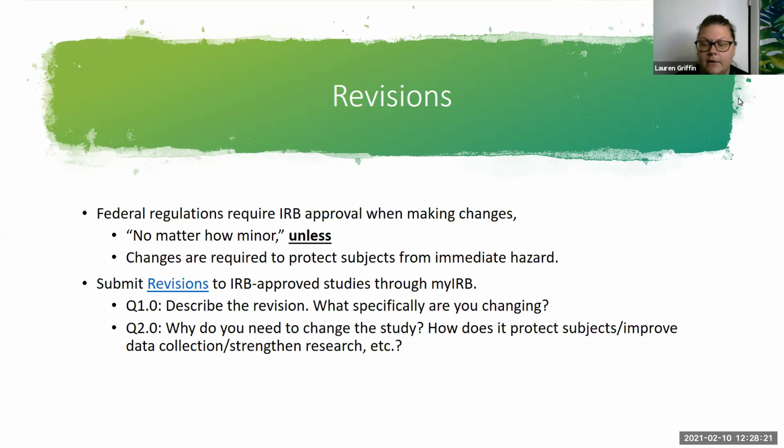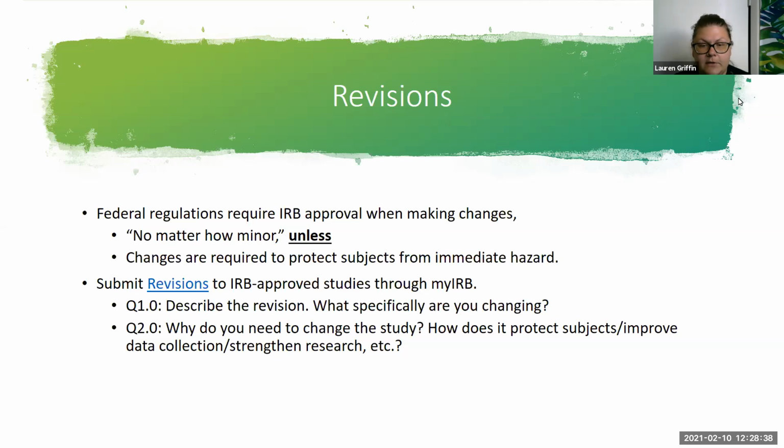So to make it easier for our subjects, we're switching that out. Then when the reviewer goes in to look at the modified study and look at your revision, they know exactly what to look for. So it really helps move revision submissions forward really quickly.